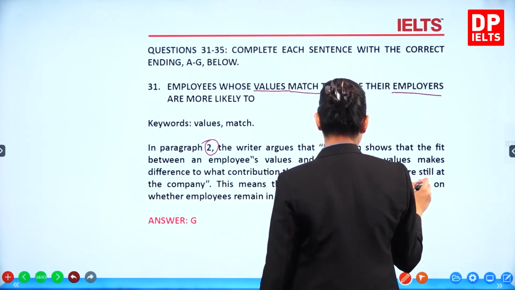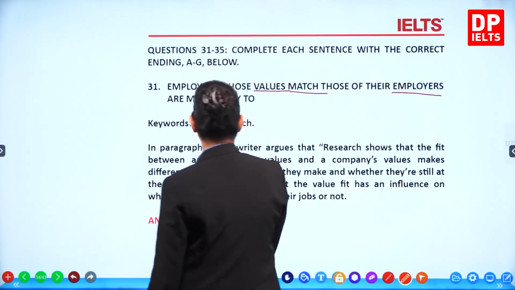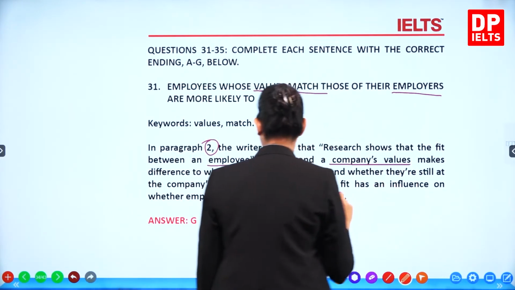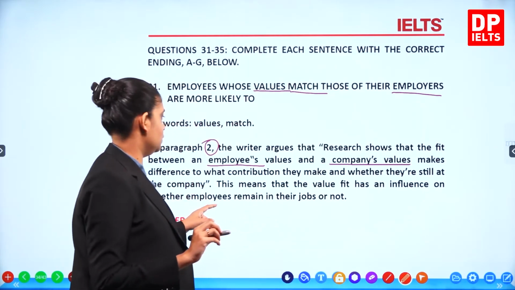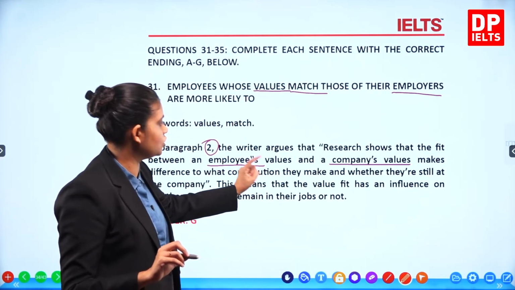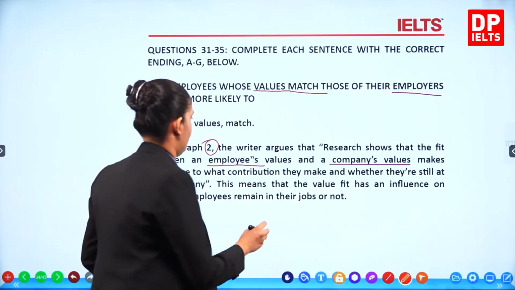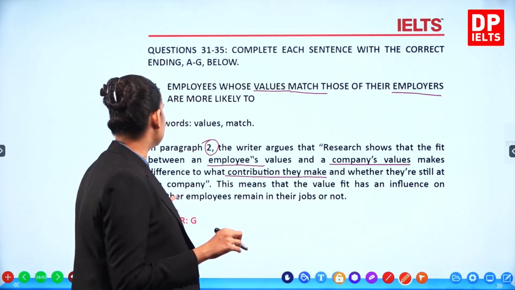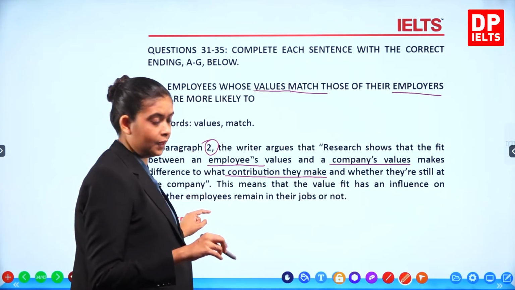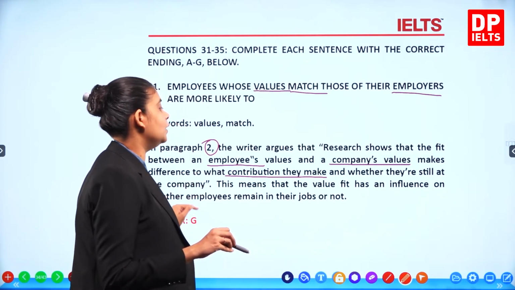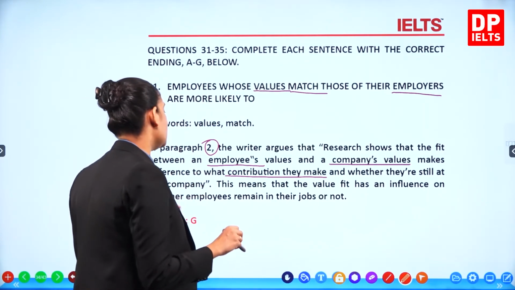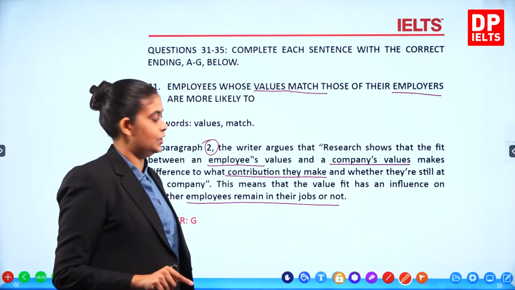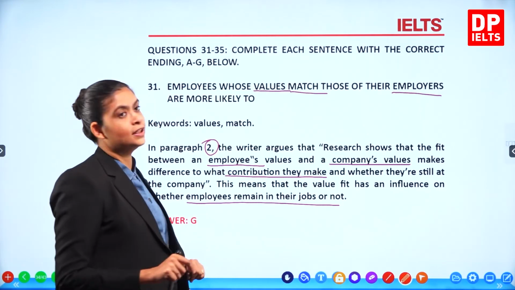Research shows that the fit between employees' values and a company's values make the difference to what contribution they make and whether they are still at the company. This means that the value fit has an influence on whether the employees remain in their jobs or not. So the answer is G.